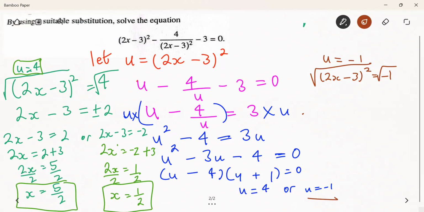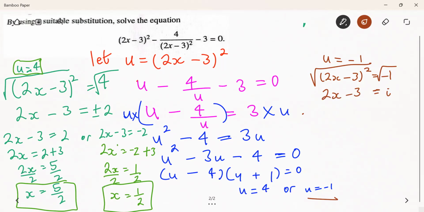But now you're square rooting a negative. What you should now remember is that the square root of a negative number gives you an imaginary, or non-real, answer. In fact, the square root of minus 1 in math is usually just called i, because that's the standard imaginary number. So this just gives you that 2x minus 3 is equal to i.